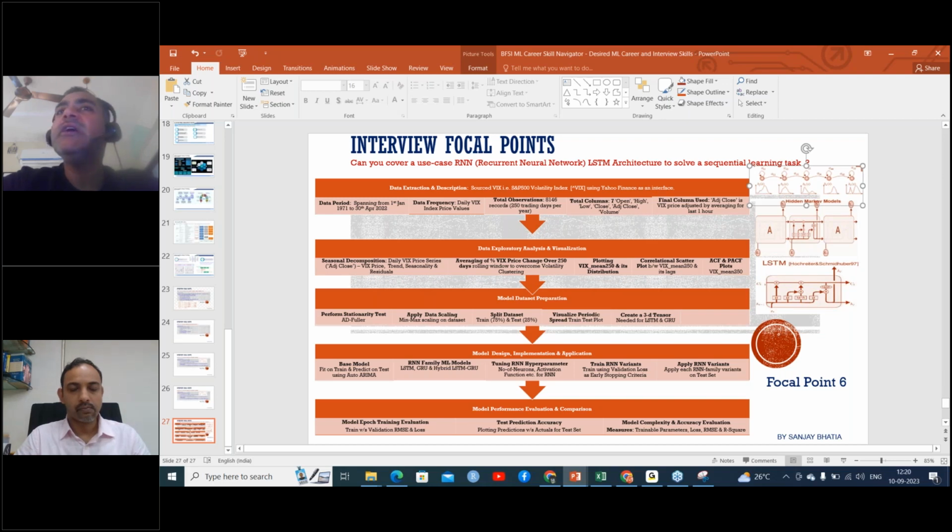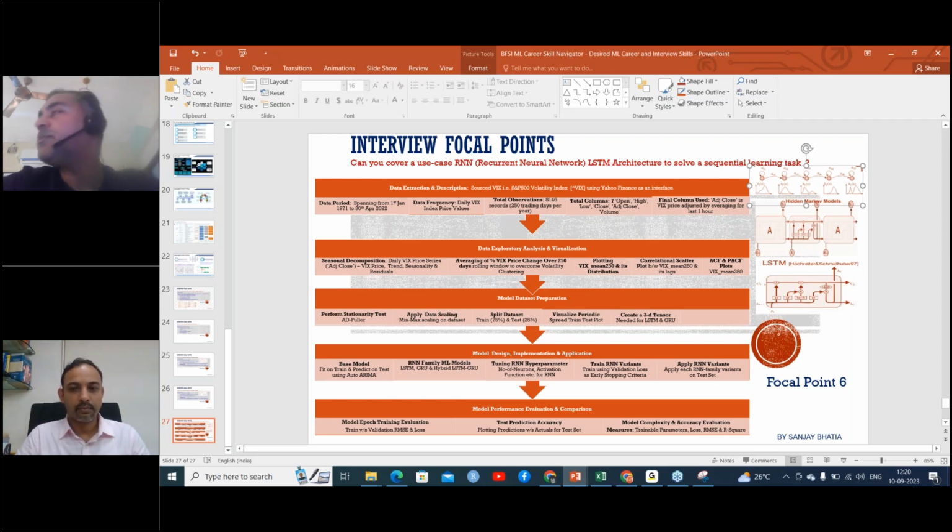And then we did some correlation plotting, and some autocorrelation plots and partial autocorrelation plots. And finally we performed a few tests and prepared the data. We used a neural network which is very well known for capturing the short term and long term behavior of the series, called long short term memory, LSTM.